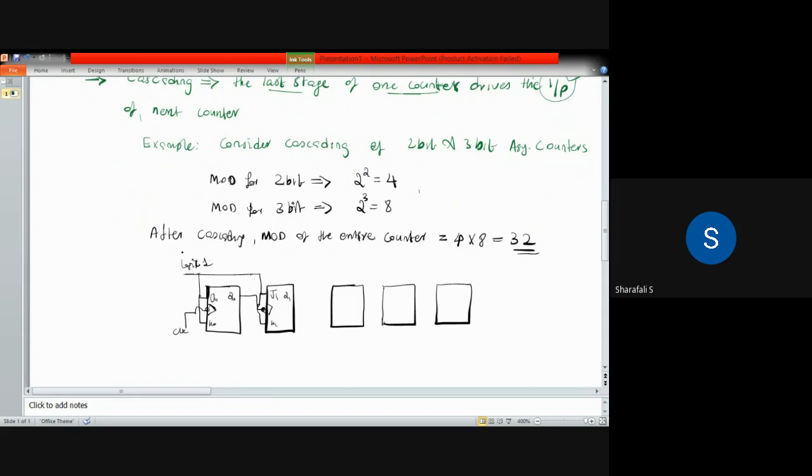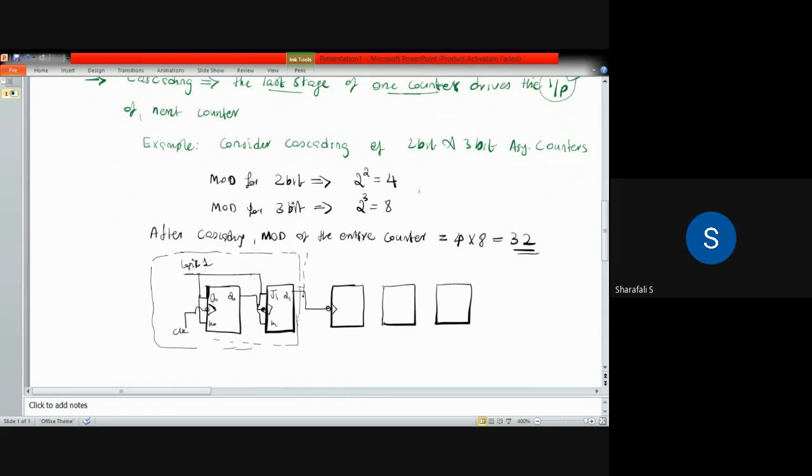So this is your 2-bit counter, and the output of this 2-bit counter, that is nothing but your Q1, is connected to the next flip flop, that is in the 3-bit counter.